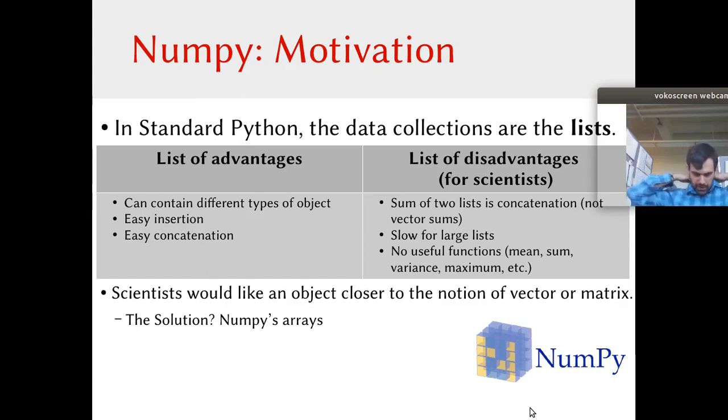The solution for that is NumPy arrays. NumPy is pretty much defining only one big object, which is arrays, and plenty of methods and operations that you can do with it.